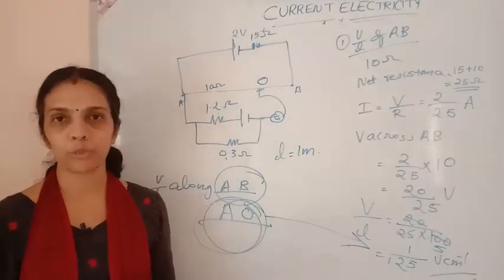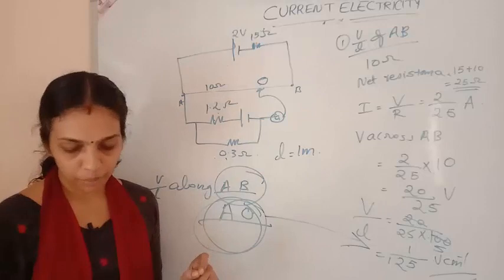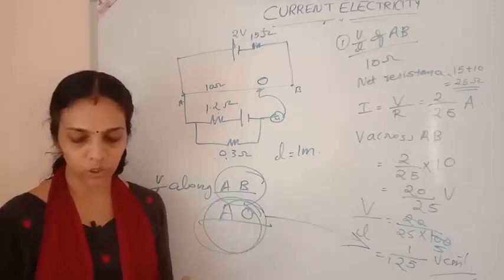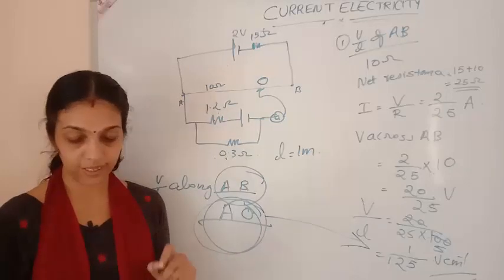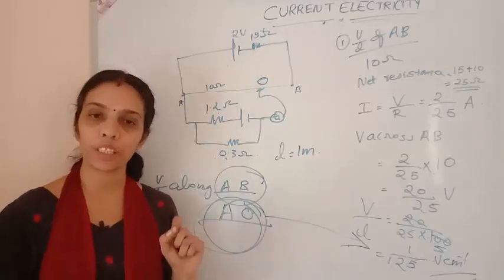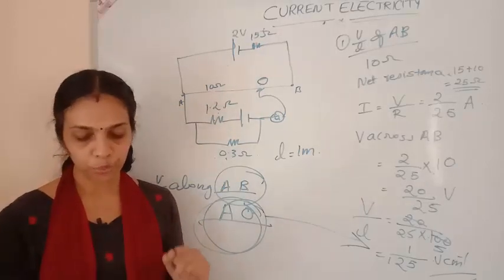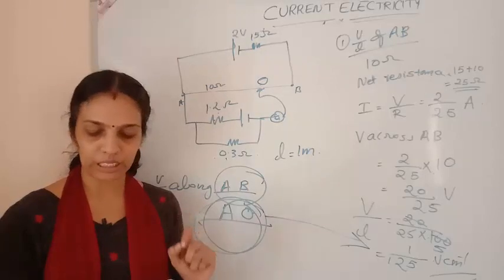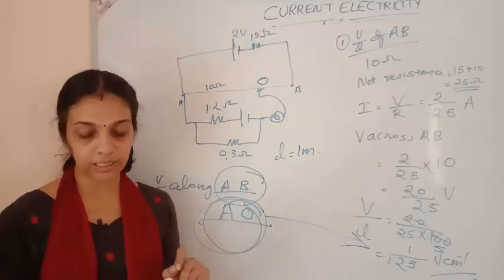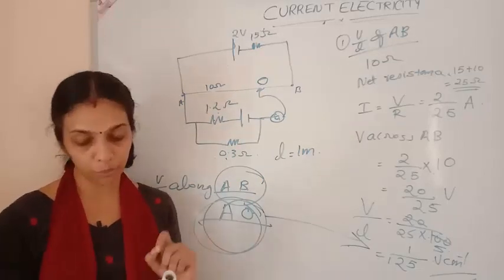So next I'll give you one question to check your concept. Write down: in a potentiometer, a standard cell of EMF 5 volt and of negligible resistance maintains a steady current through the potentiometer wire of length 0.5 meter. Two primary cells of EMF E1 and E2 are joined in series with same polarity and opposite polarity.